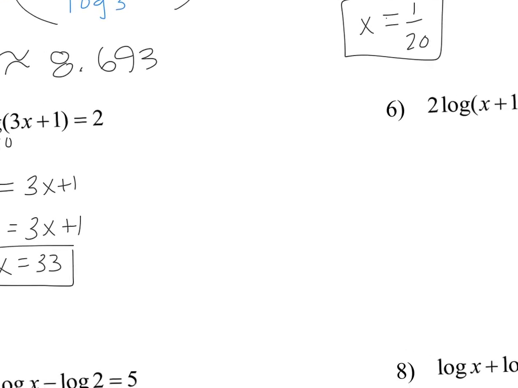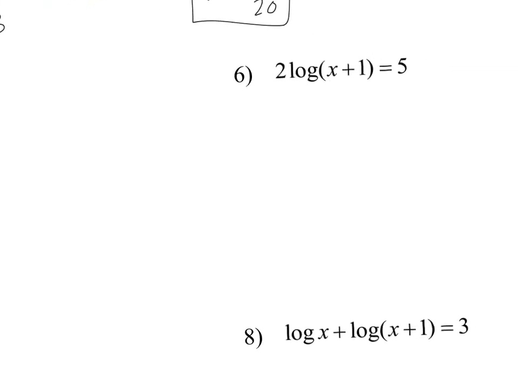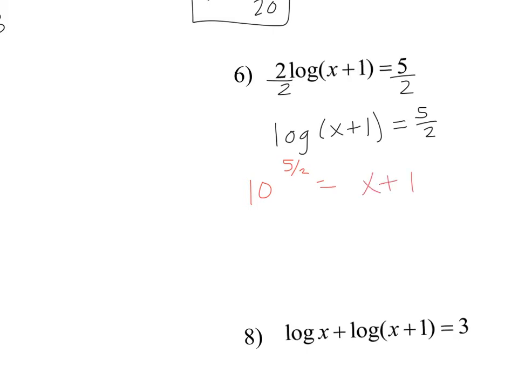And then number 6. This is where I have a 2 in front of the log, so I'm going to divide both sides by 2. So log of x plus 1 equals 5/2. So this is going to be 10 to the 5/2 equals x plus 1.